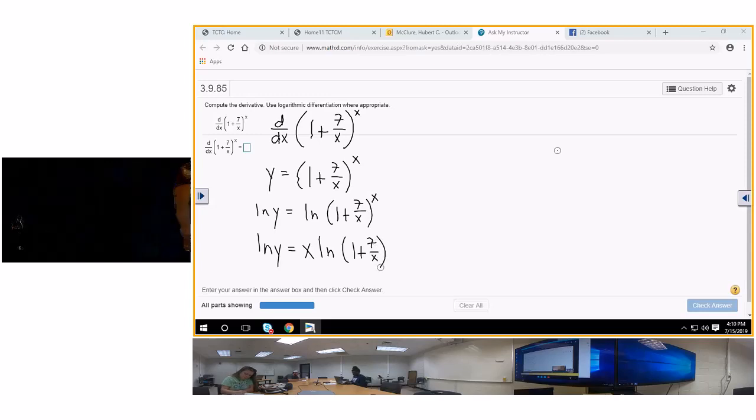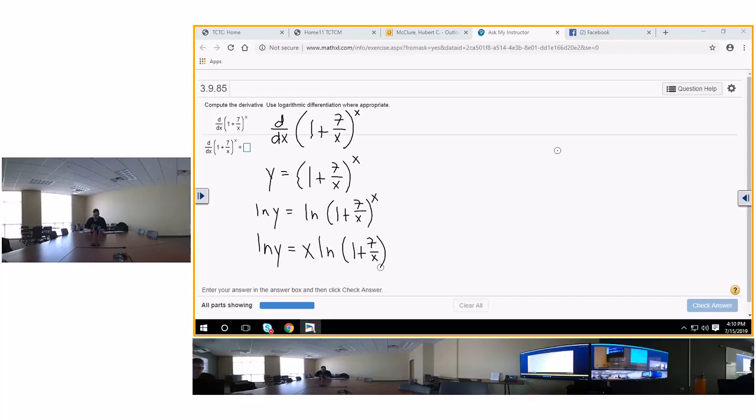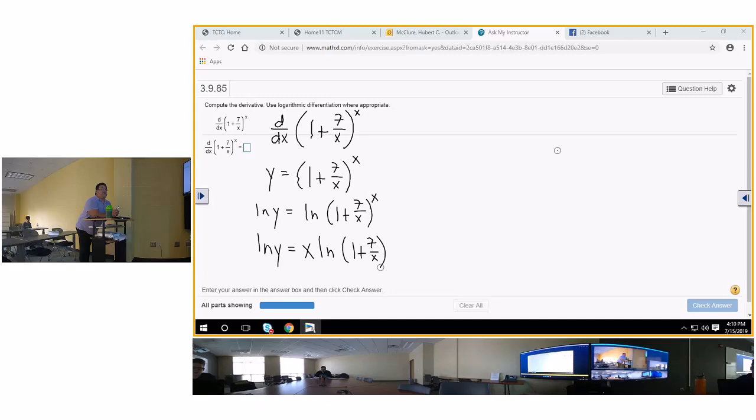And those 3 steps are all algebra. The only other thing is I would change that 7 over x to a 7x to the negative 1. And I'm going to do that in the next step.